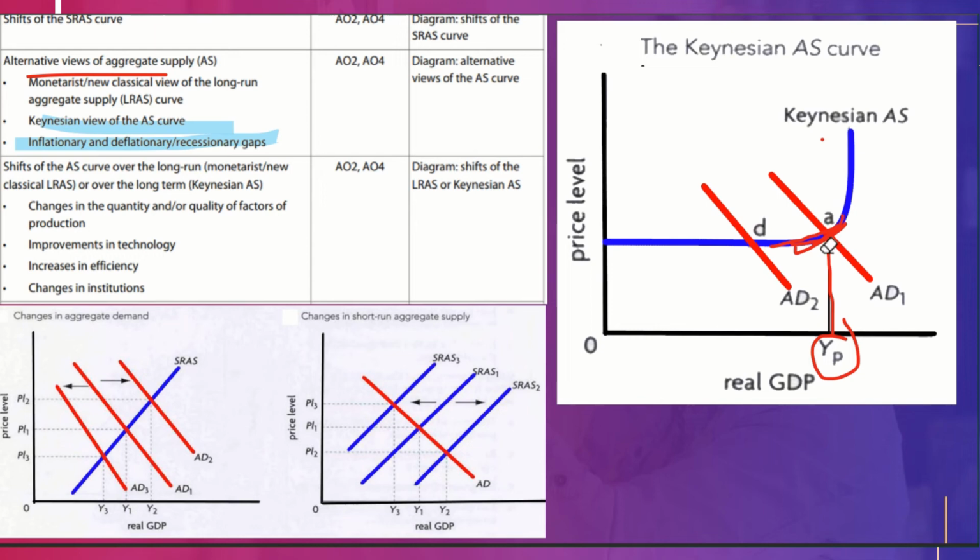So if the actual GDP is here, then what will happen? The actual GDP is lower than the potential GDP. So it is creating a recessionary gap or deflationary gap.